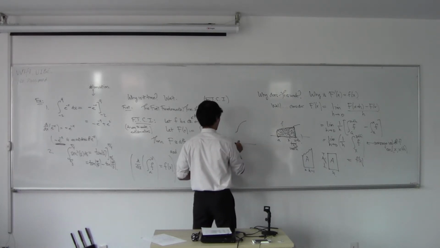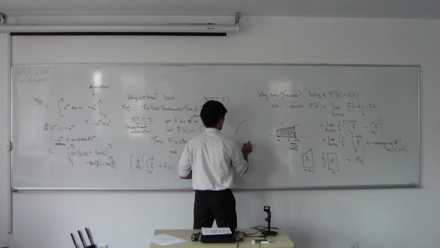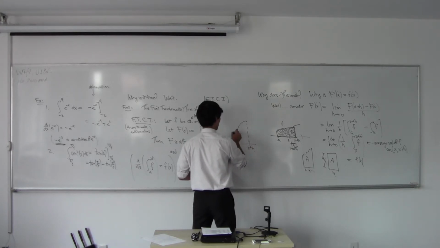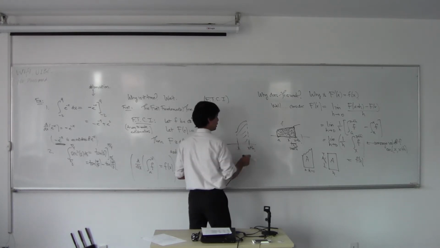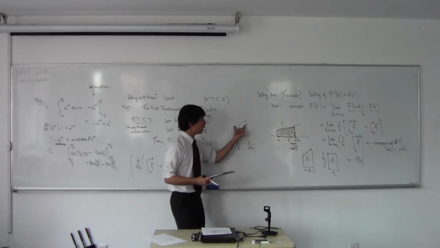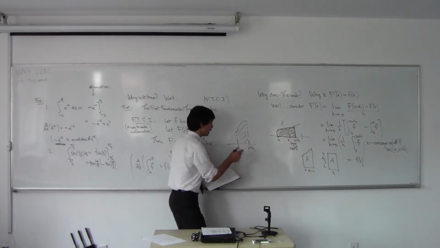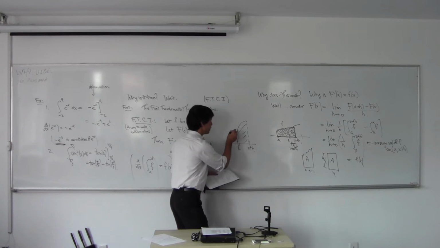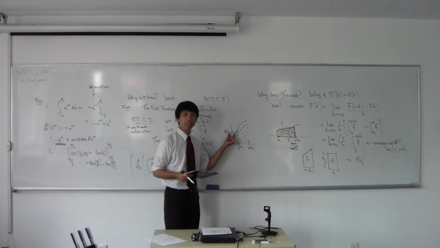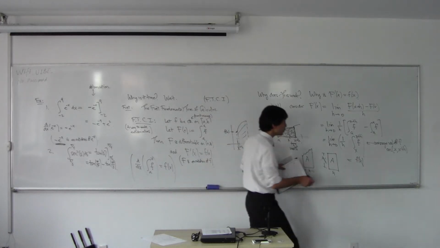You have this thing, x plus h. You get the average value, but as your h gets smaller, the average values are going to get very close to, and in fact they turn into f of x.